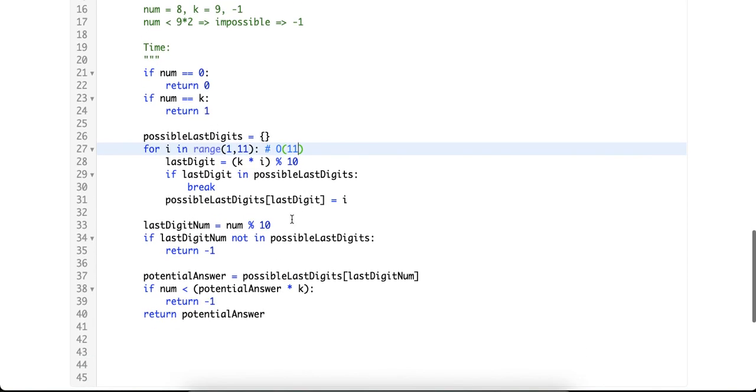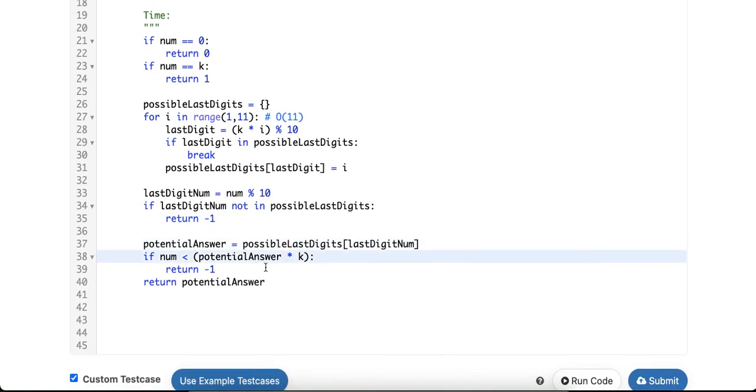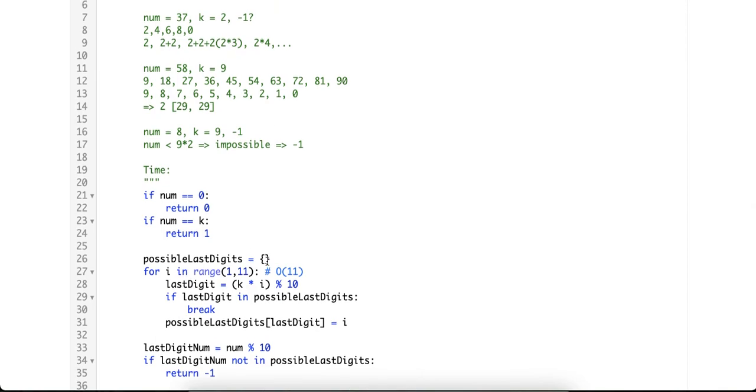Yeah, just big O(11), another big O(1). This is just big O(1), possible last digit big O(1). This is just big O(1), just checking. So in total, this is just big O(1). The biggest one is big O(11), so it's just big O(1).